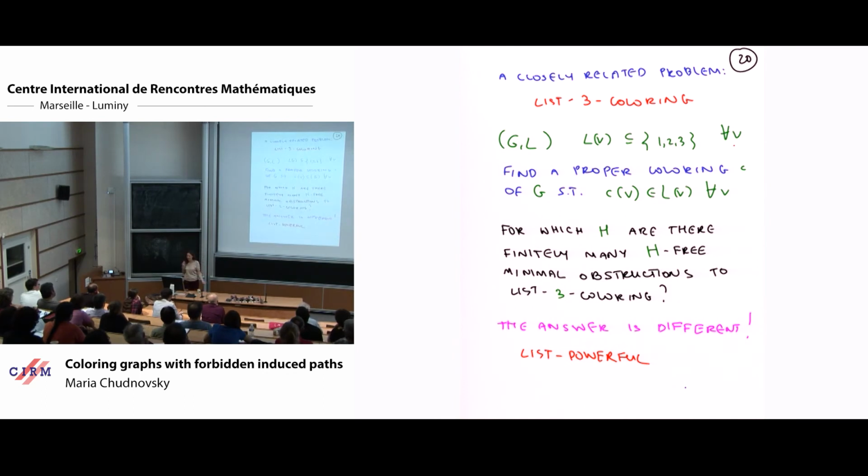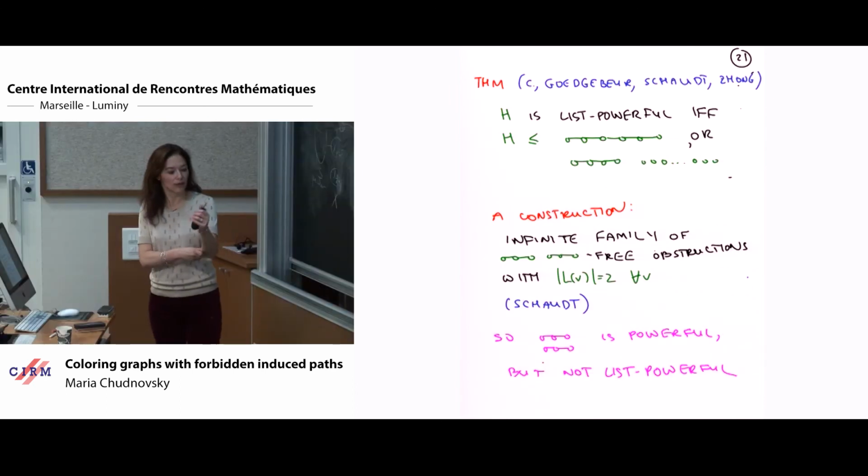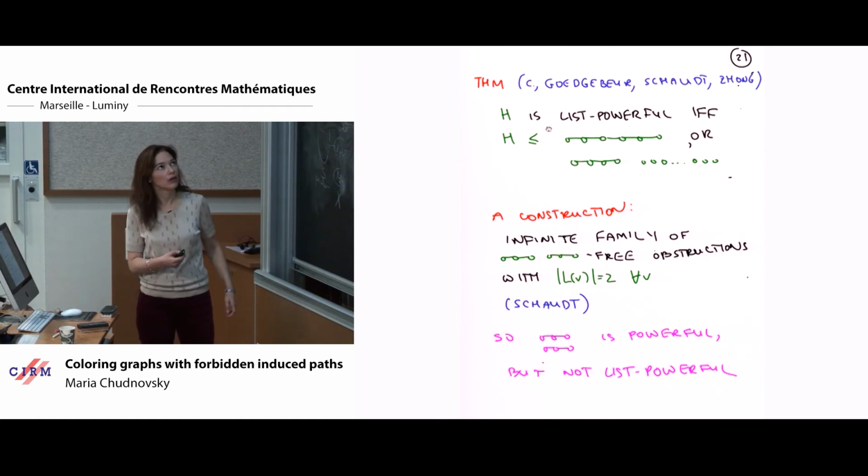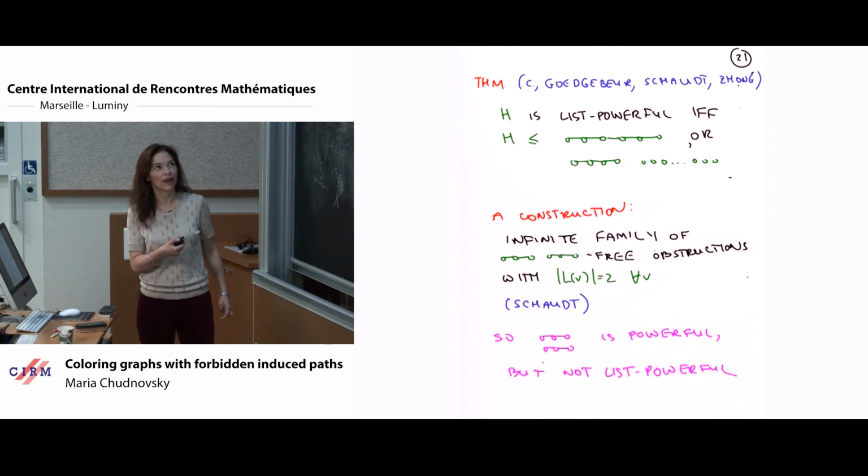Least powerful and not least powerful give you different answers, and I'll show you the connection to pre-coloring extensions in a minute. So the answer for this is that a graph is least powerful if and only if it's a subgraph of P6 or a subgraph of that, but not, right?